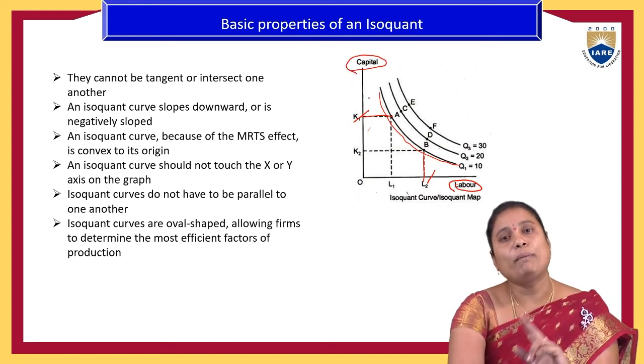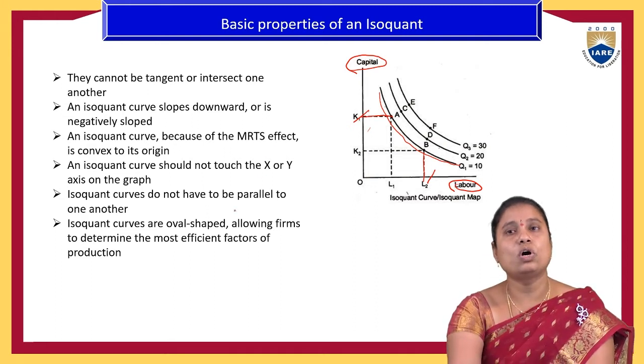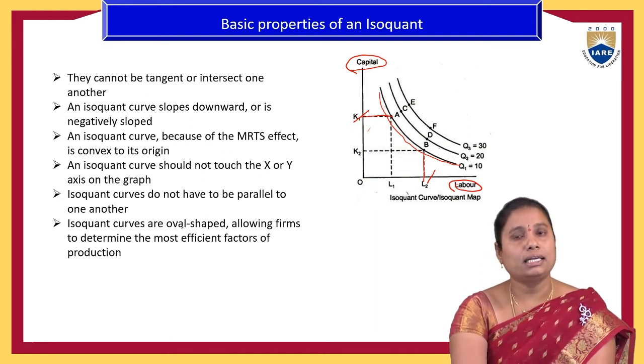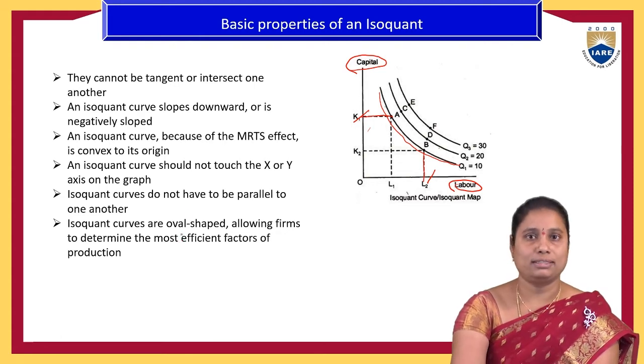Only the combination of capital and labor changes. So they will not be parallel, and they will not overlap. So these are all the properties of the isoquants.